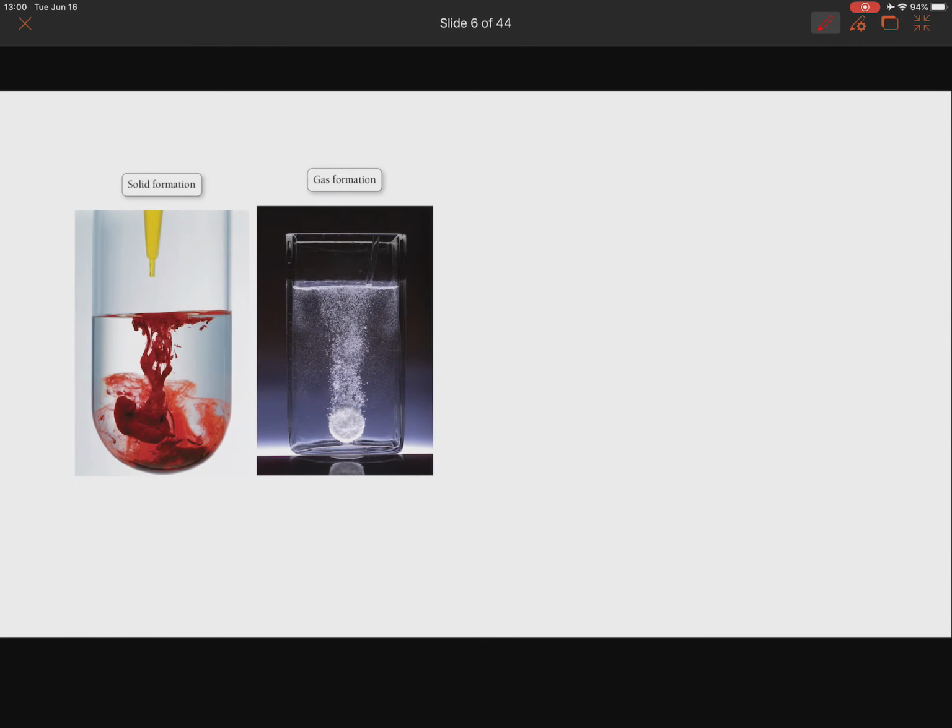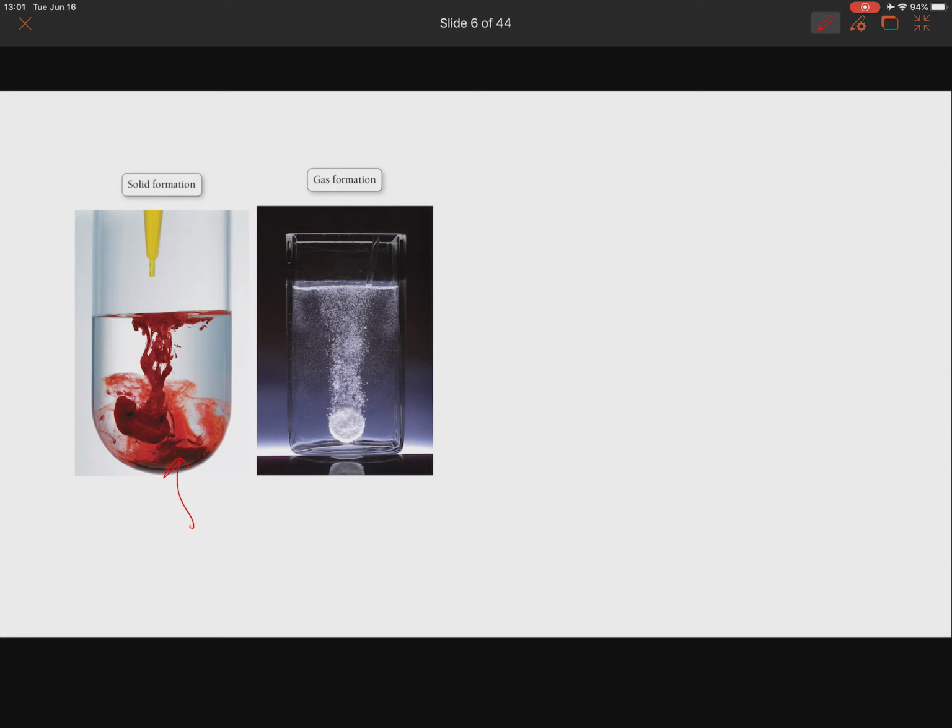Now, let's talk about a little more evidence and how we can discern the difference between evidence and non-evidence. So first, on the left of the slide, you see two pictures. On the left, you see a precipitation reaction, the formation of a solid when there wasn't a solid before.